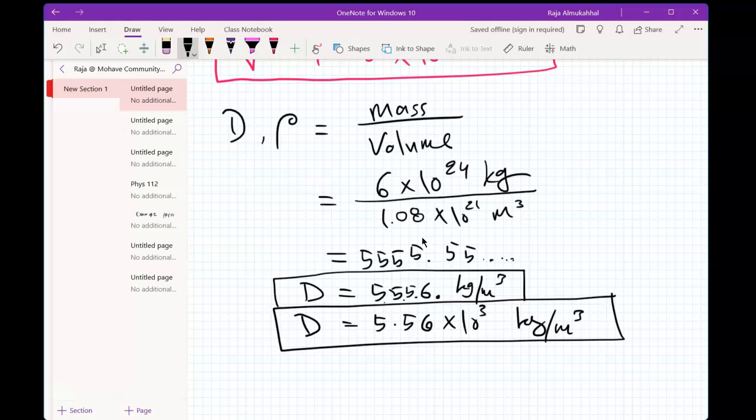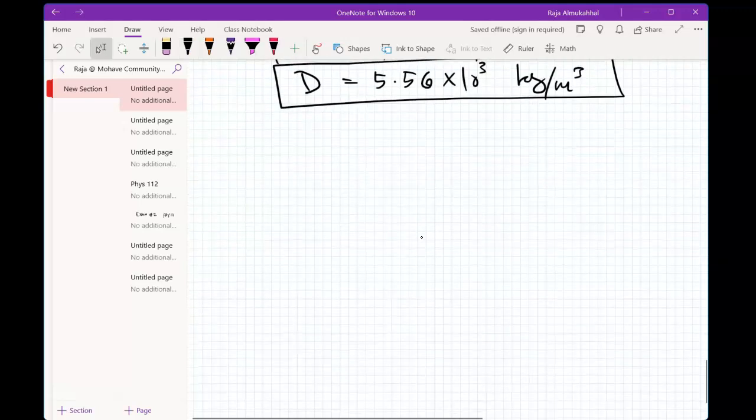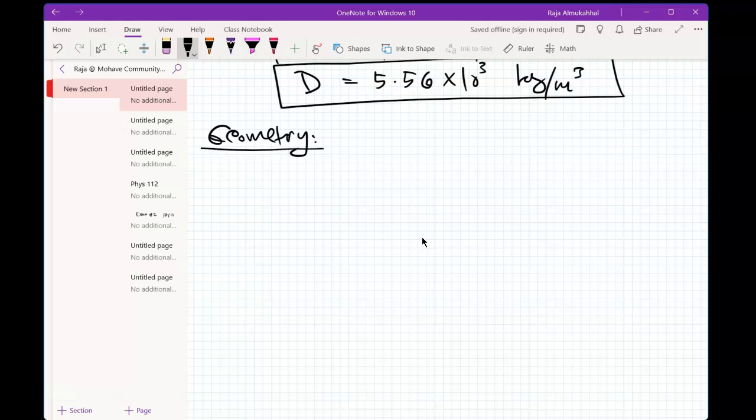Let me just switch to geometry. What is called conic sections. We have something called conic sections.